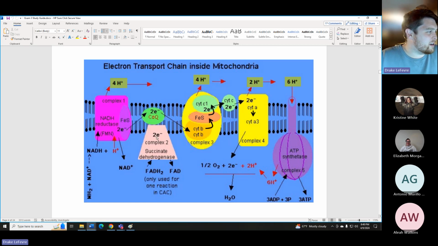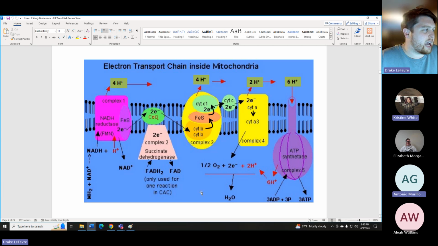So complex 2 also gives its electrons to CoQ. Super important. Remember, complex 1 and complex 2 do not interact with each other. They both give their electrons to CoQ. CoQ transports those electrons to complex 3, where it gives them to cytochrome B and then to cytochrome C1.